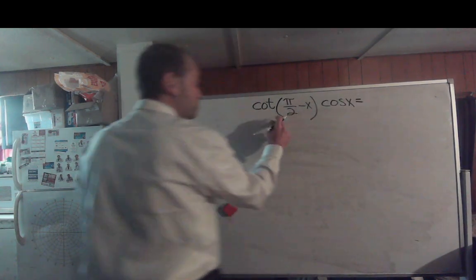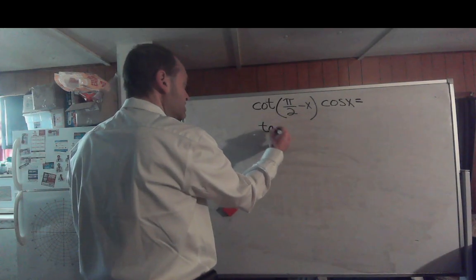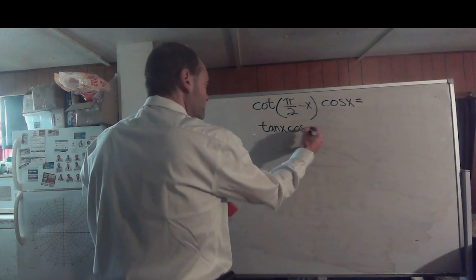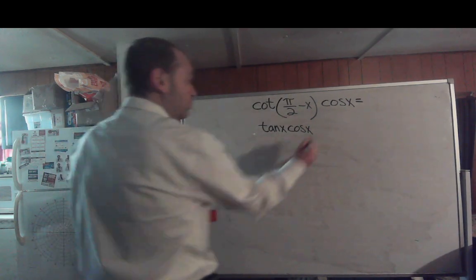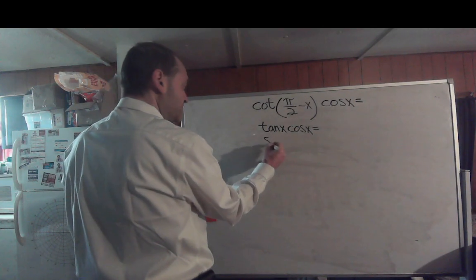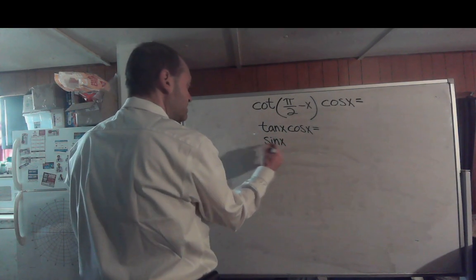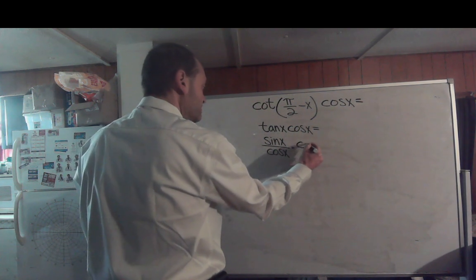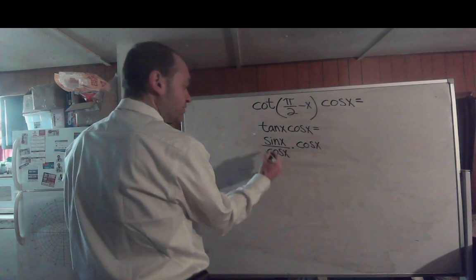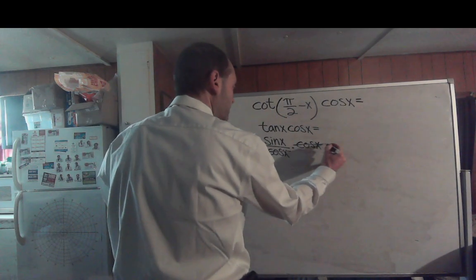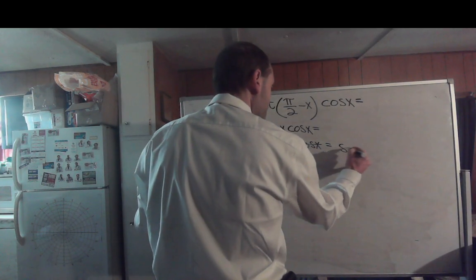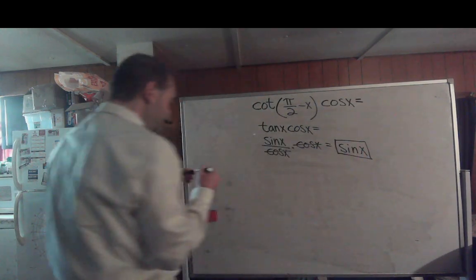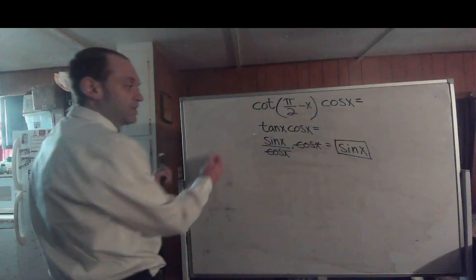That means this would become the tangent of x. So this would turn into the tangent of x times the cosine of x. Well, what's tangent? Tangent is the same as the sine of x over the cosine of x. You'll take that times the cosine of x. Now your cosines cancel out. You're literally just going to be left with the sine of x. So that's going to turn into the sine of x.